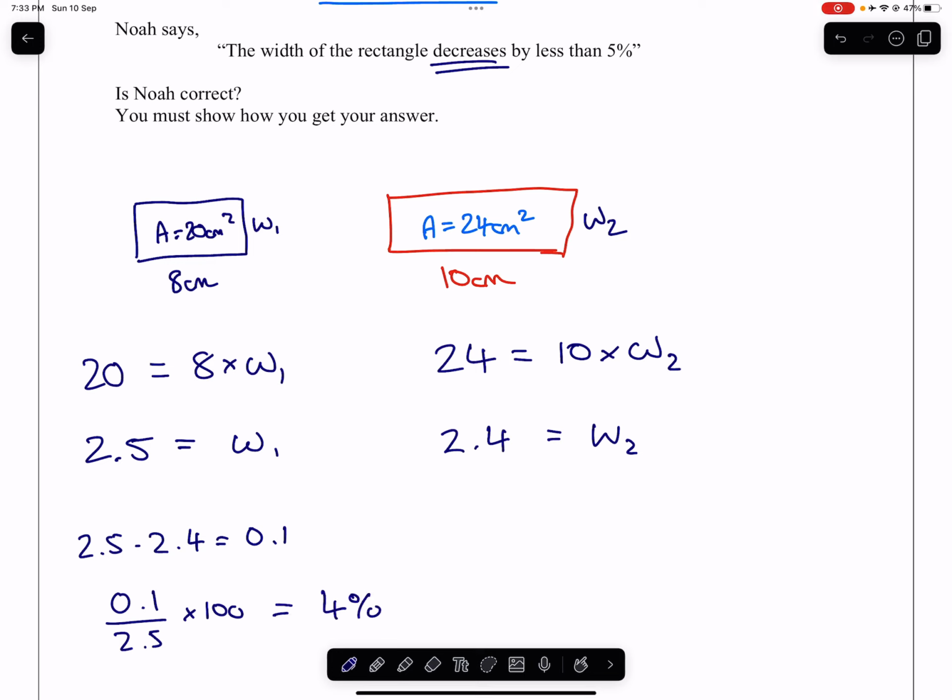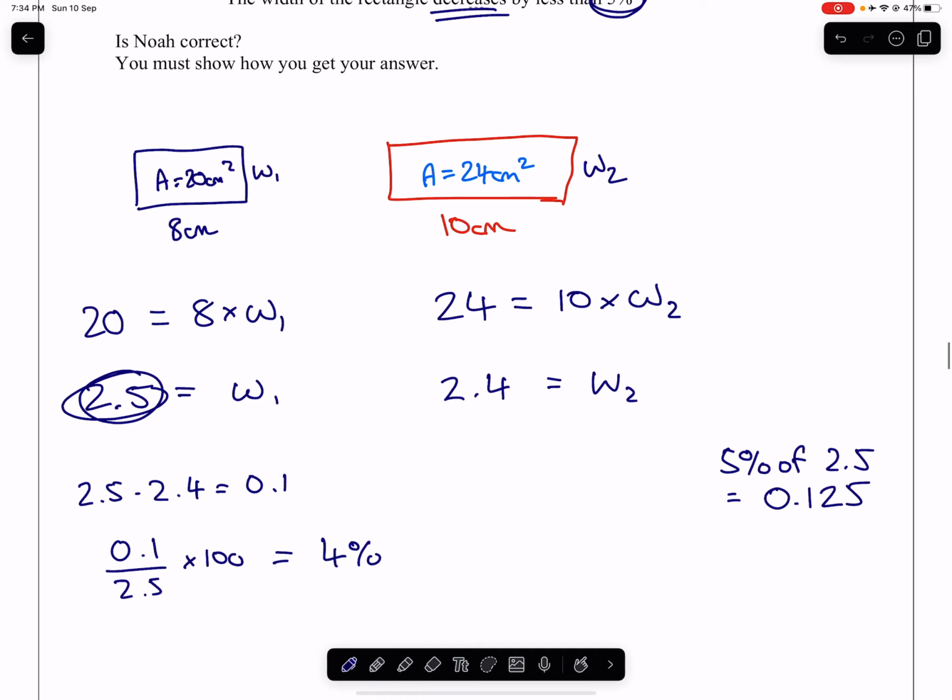Or you could find 5% of 2.5. If we find 5% of 2.5, we end up with 0.125.